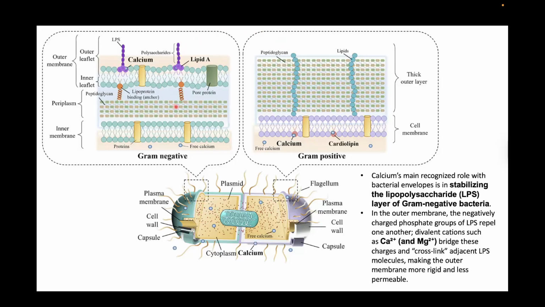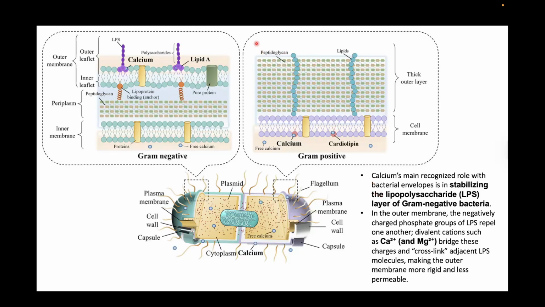Gram-negative bacteria have an extra double membrane cell wall, an extracellular layer consisting of lipopolysaccharide, the outer leaflet and the inner leaflet, which is bound by a lipoprotein anchor to the peptidoglycan layer. Outside of the peptidoglycan layer we have the lipopolysaccharide, and this lipopolysaccharide is stabilized or anchored into the outer membrane through calcium. While in gram-positive bacteria, we have a thick layer of peptidoglycan and lipoteichoic acids.